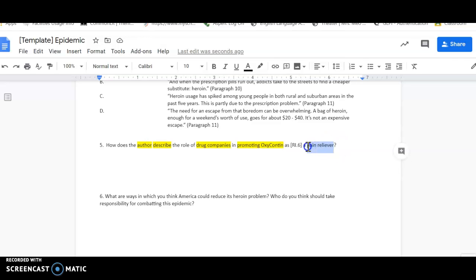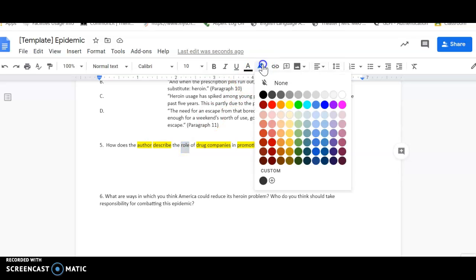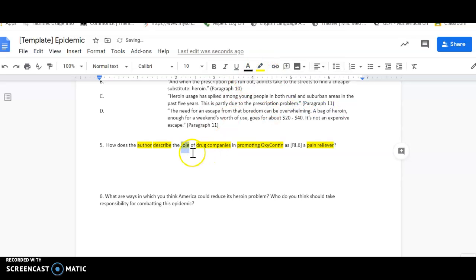Pain reliever will be additional key terms. I'm just going to read it back one more time to myself to make sure I haven't missed anything. How does the author describe the role of drug companies in promoting OxyContin as a pain reliever? And as I'm reading the sentence out loud, I keep emphasizing the word role. So that's definitely going to be another key term.